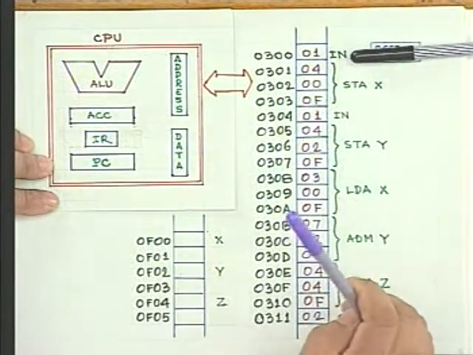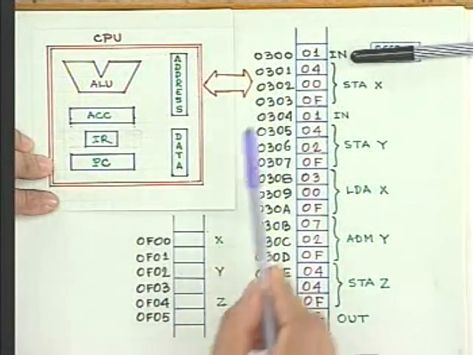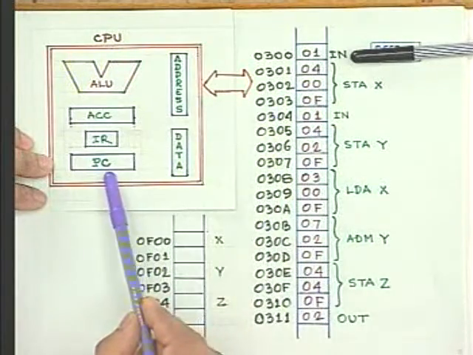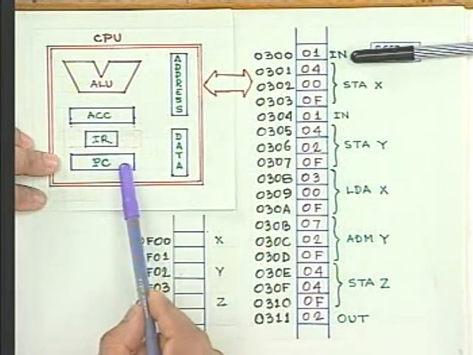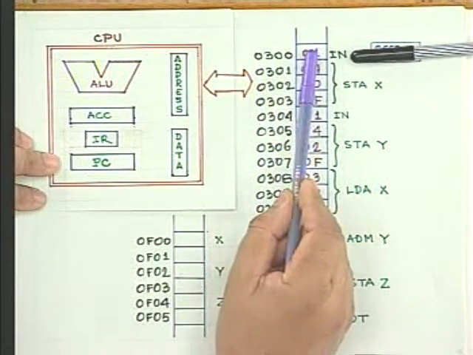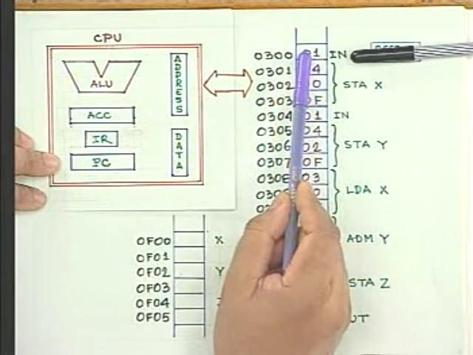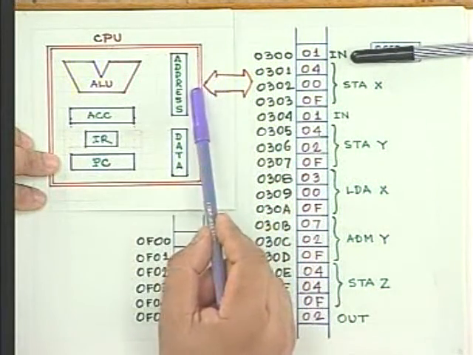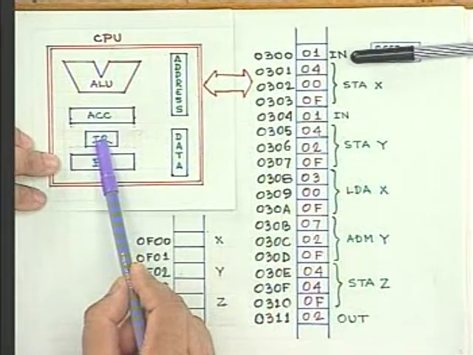The program counter now contains 0300, which means that instruction is going to be executed next. Now, whatever is the content of the location pointed to by the program counter, that means 0300, its content is taken out, we call it fetched from that memory, and is brought into the instruction register.